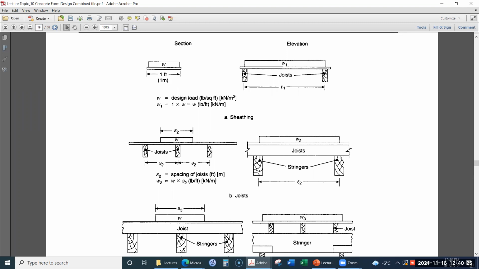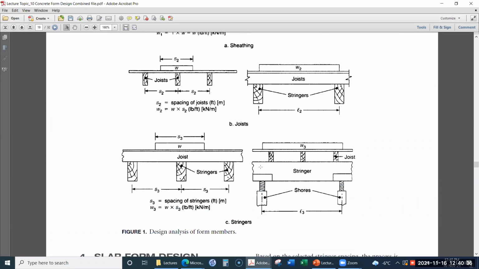Here we are looking at the design of slab formwork. The stringers are then supported on the shores, which are the vertical supports.